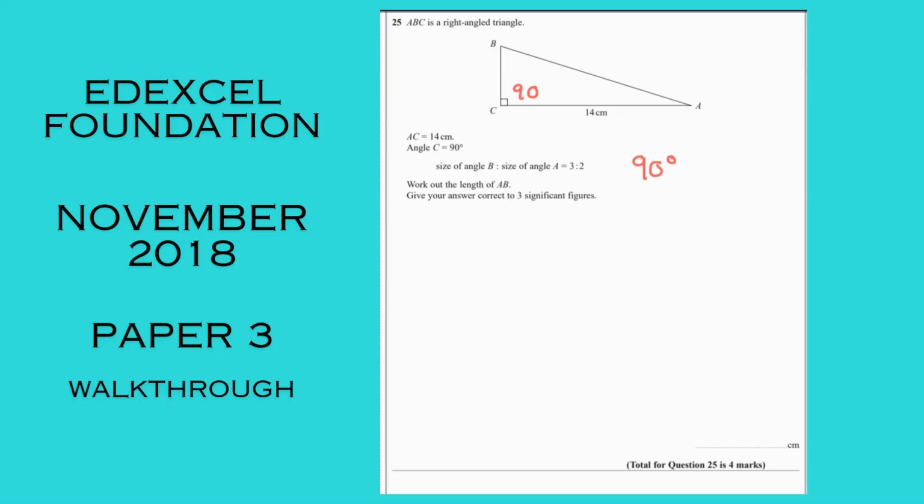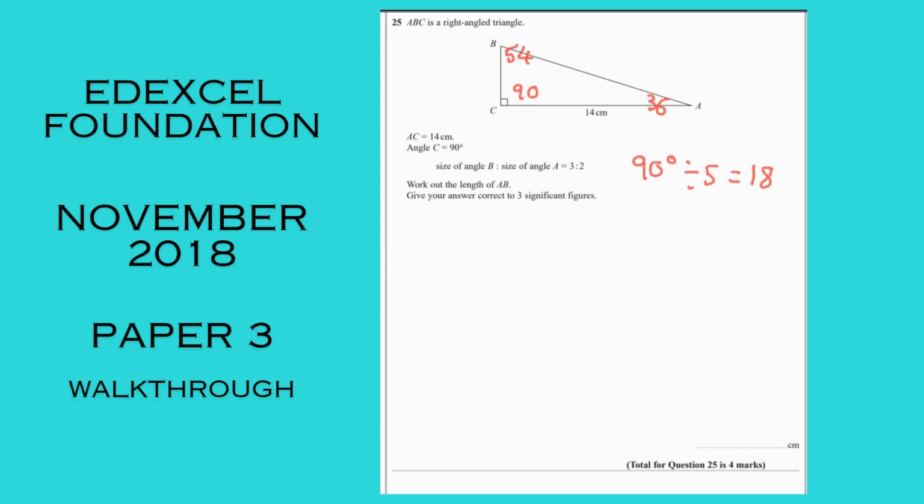So let's share 90 divided by 5 gives us 18 degrees per share. So angle B is 3 lots of 18 and A is 2 lots of 18. You've got the ratio bit bagged.